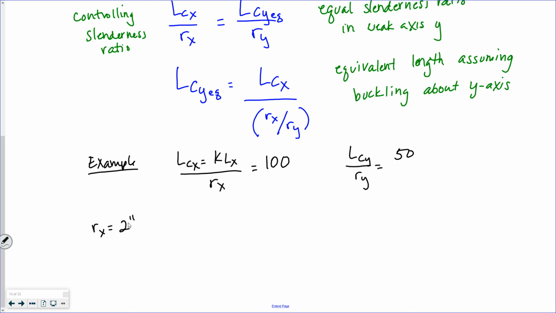That would mean my LCX is 200 inches, right? My RY is 1 inch. My LCY is 50 inches.